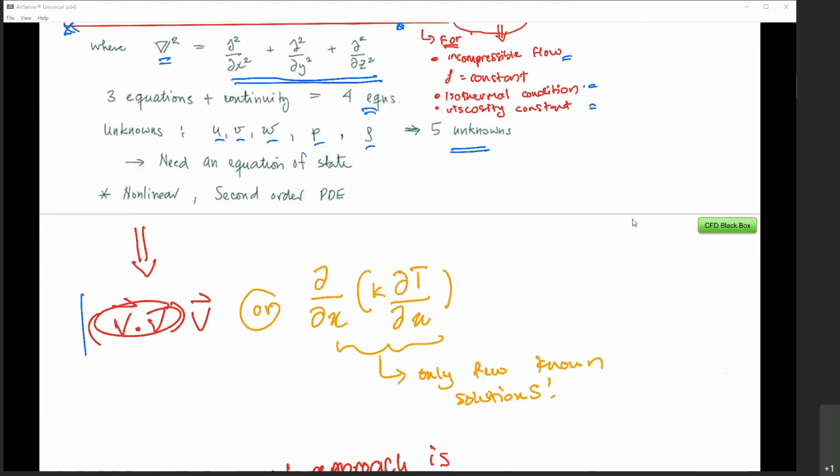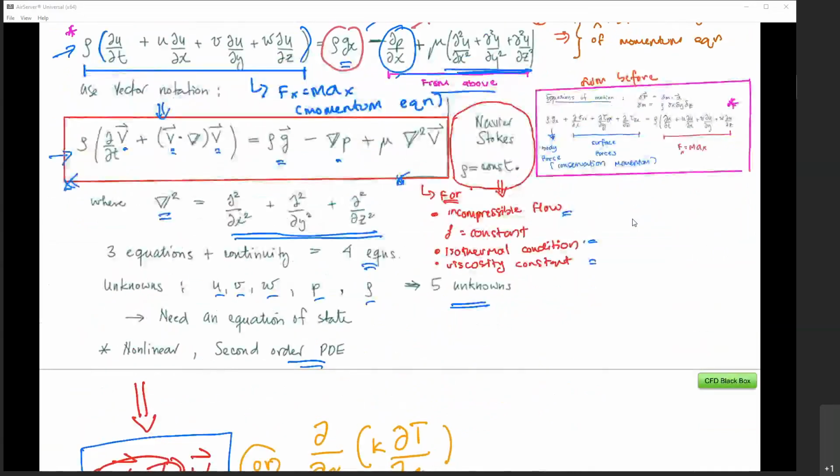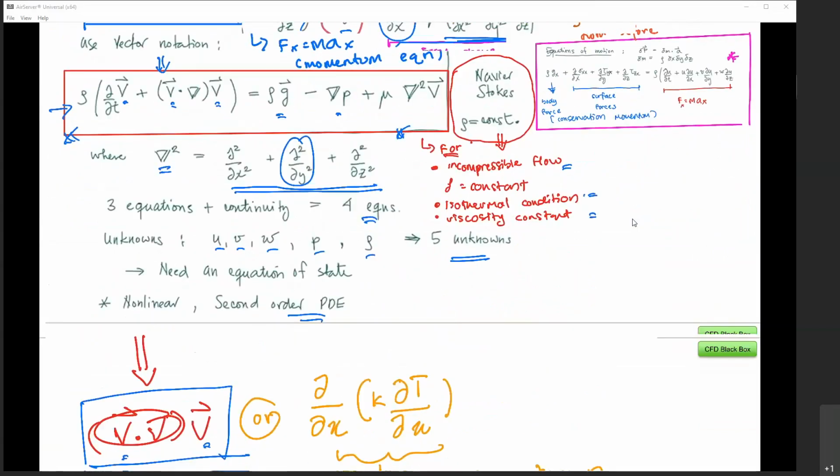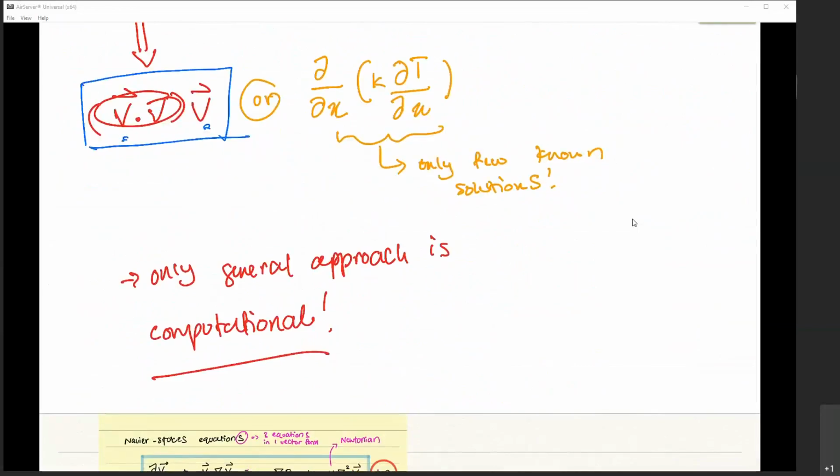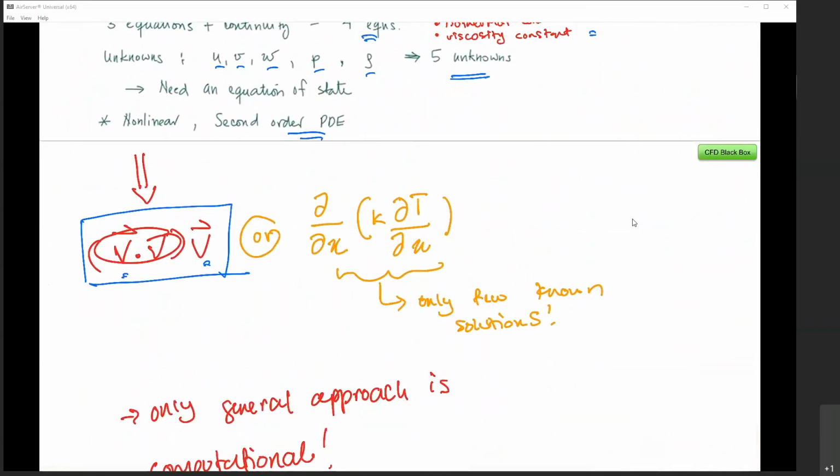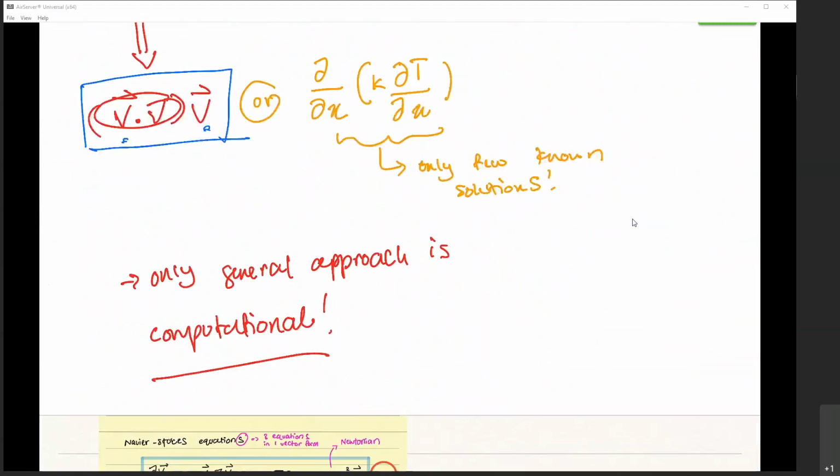This term here is non-linear because you have two products of velocity, and it involves a second order PDE. Second order basically because of the second order derivative. So the only way to solve these 4 equations and 5 unknowns is by using numerical modeling or computational methods.